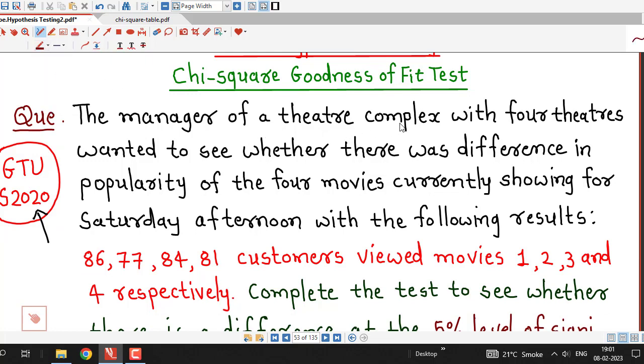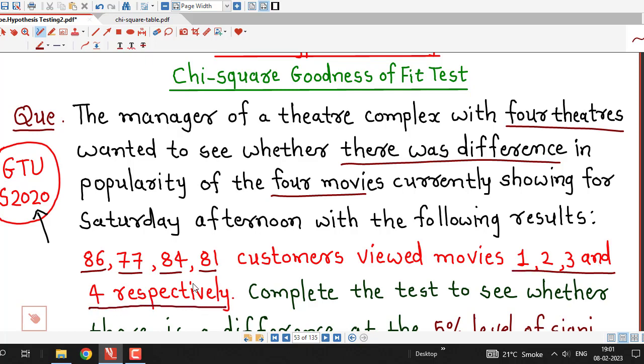The manager of a theatre complex with 4 theatres wanted to see whether there was a difference in popularity of the 4 movies currently showing for Saturday afternoon, with the following results: 86, 77, 84 and 81 customers viewed movies number 1, 2, 3 and 4 respectively.